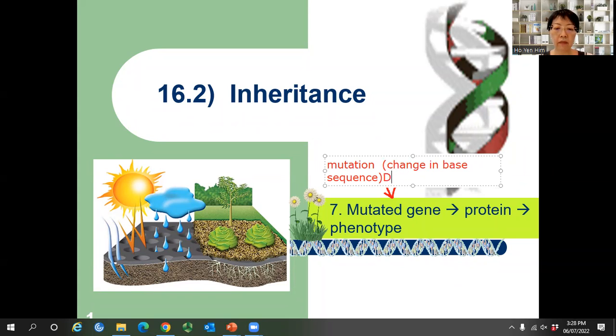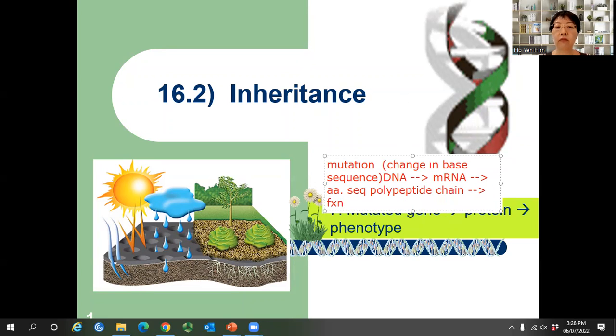Mutation in your DNA will lead to change in base sequence in the mRNA, which will lead to change in the amino acid sequence in the polypeptide chain. And therefore, it will lead to change in the function. And therefore, it will lead to change in the phenotype.